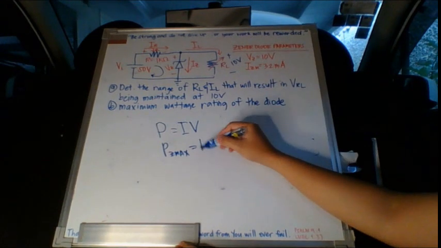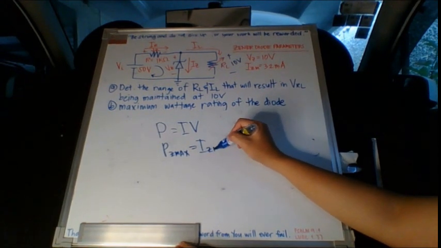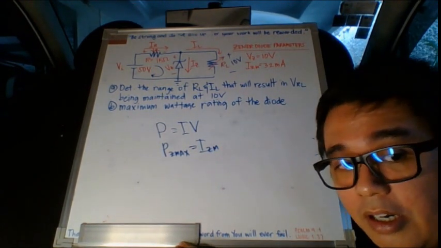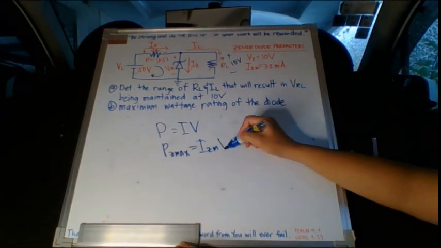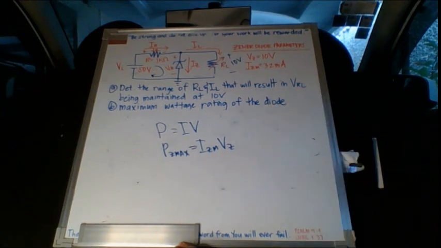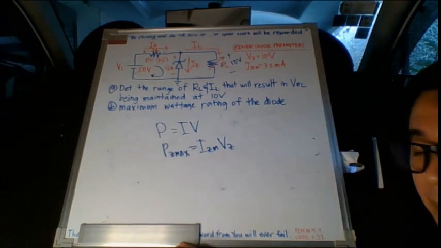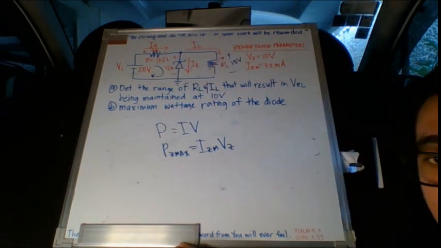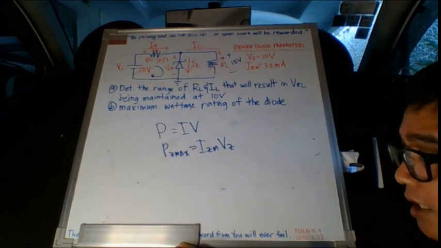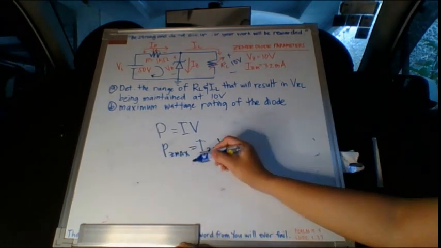Equals I ZM. Ito yung maximum Zener regulating current times V sub Z, the nominal Zener voltage. Kapag ginamit natin yung maximum na kuryente, ang makukuha din nating power ay maximum. I-substitute lang natin yung mga values.